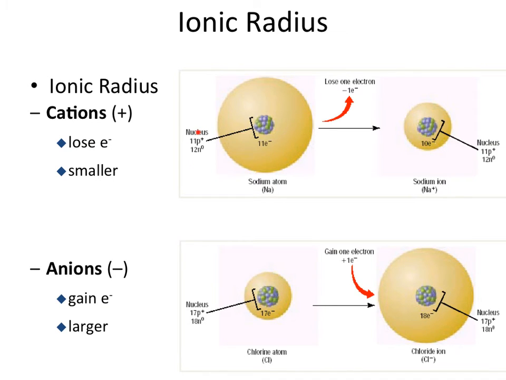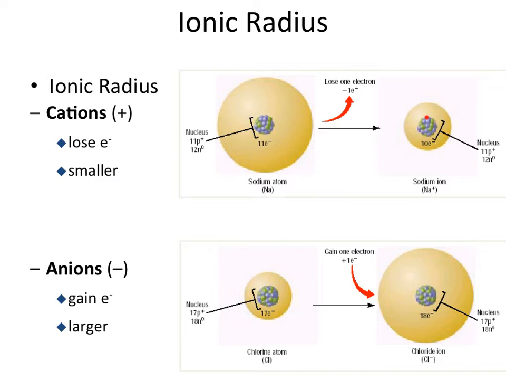So 11 protons is going to remain constant throughout this process. However, when ionization occurs, when sodium loses that electron, instead of having 11 electrons to interact with, it now only has 10 because it has lost one. So now these 11 protons are pulling on only 10 electrons.